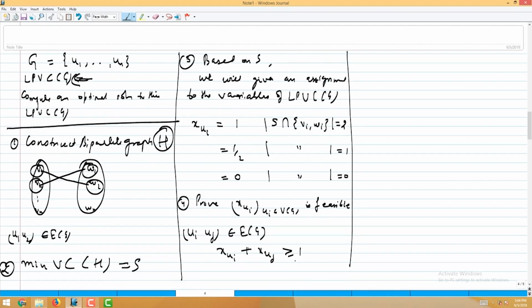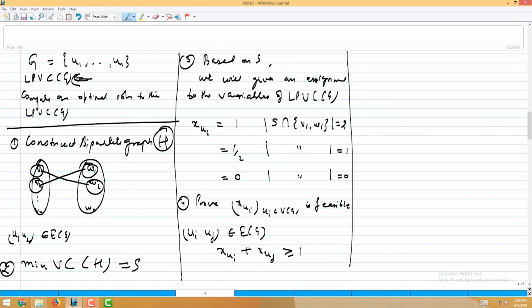Can someone quickly say? To prove feasibility, suppose there is an edge between two vertices ui and uj. Then we have to show that x of ui plus x of uj is greater than or equal to 1.